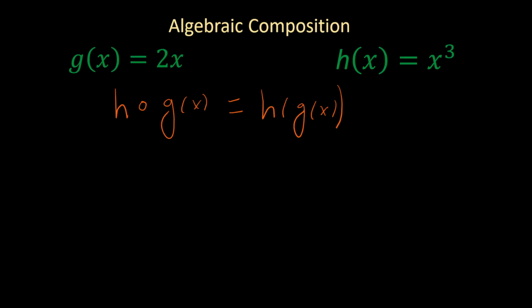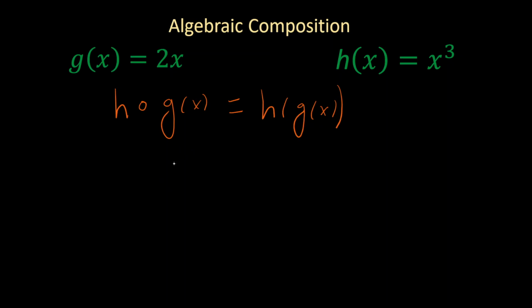It can be a little confusing, so just remember that you still work right to left. So the dot represents that the g of x values are going to be the input, so they're going to retain their position to the right of the h. A lot of people get confused about what function gets composited into which other function. So in this case, we go ahead and replace every value of x in h of x with 2x.